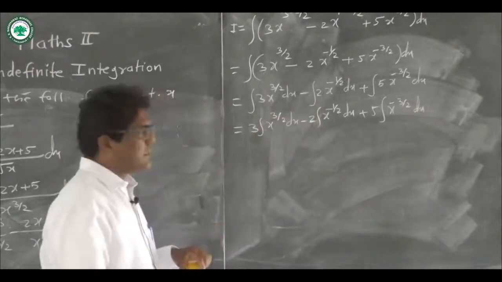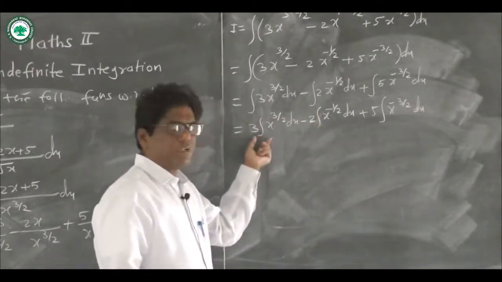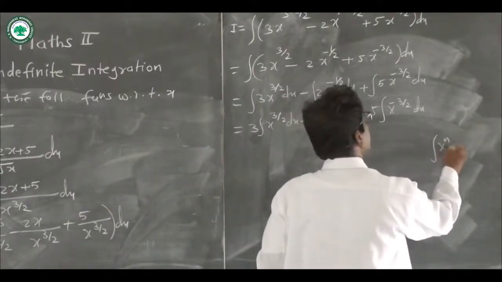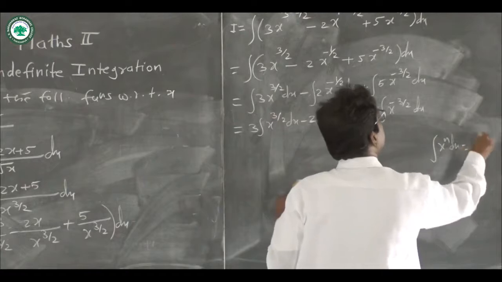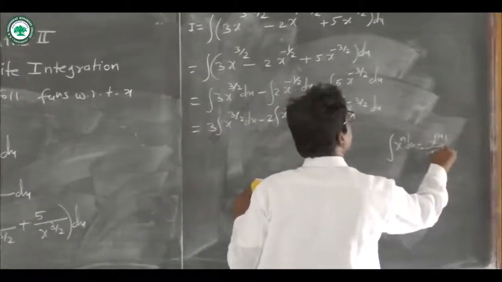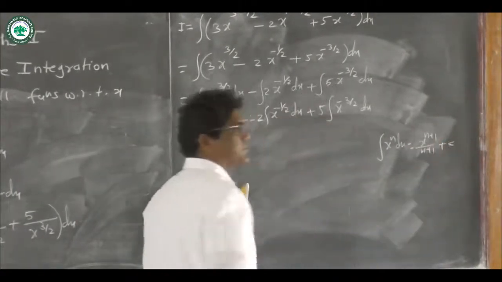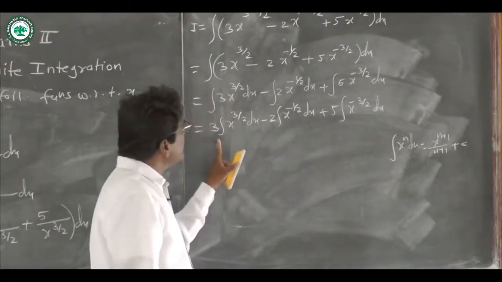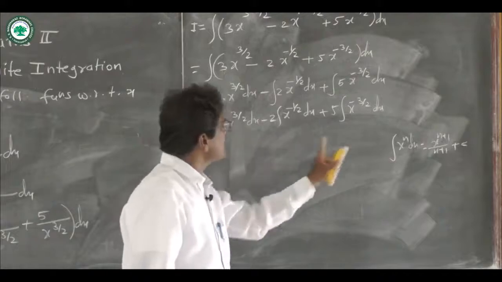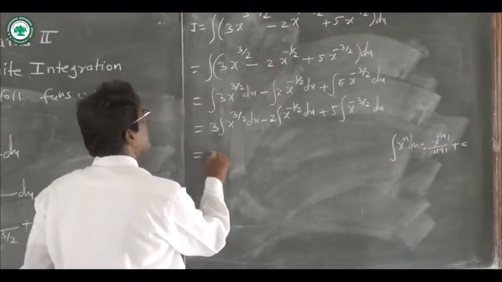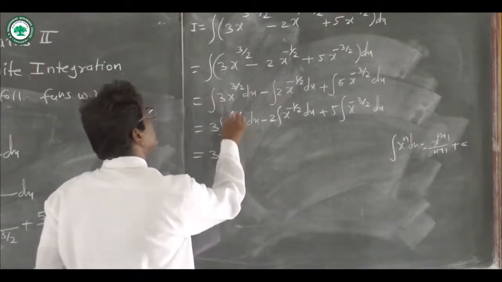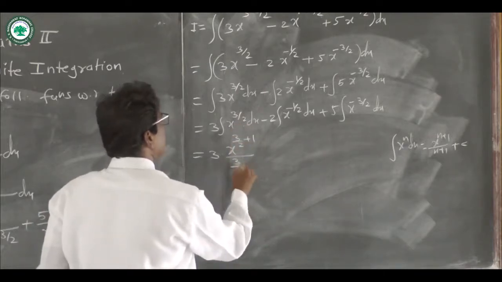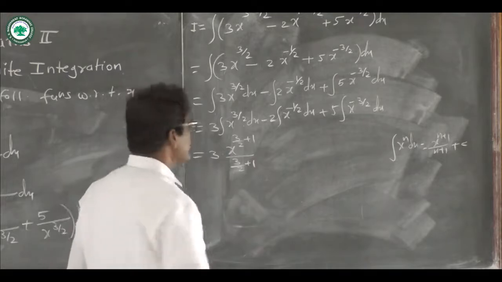And now here use the formula of power function, means integration of x to the power n dx is equal to x to the power n plus 1 divided by n plus 1 plus constant of integration. Using this formula we find the integration of all the terms. Now here it is 3 into x to the power 3 by 2 plus 1 divided by 3 by 2 plus 1.